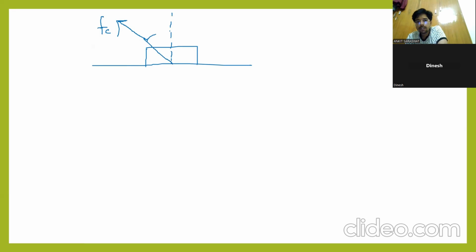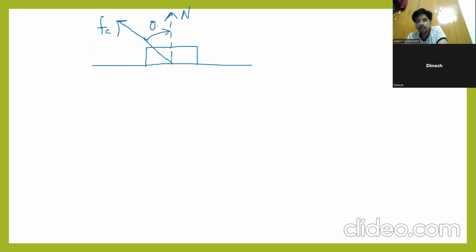Now write down, if you wish, the direction of friction also. This is the floor. If you keep one block on this floor, then friction may be to the right or to the left. This FC can be like this also, depending on the situation. FC is a resultant contact force. The component of FC in the y direction is normal.